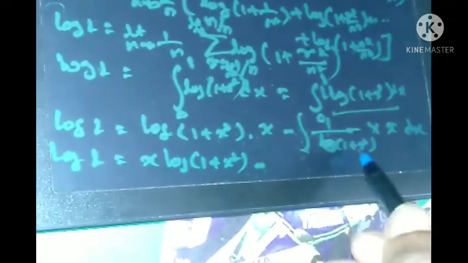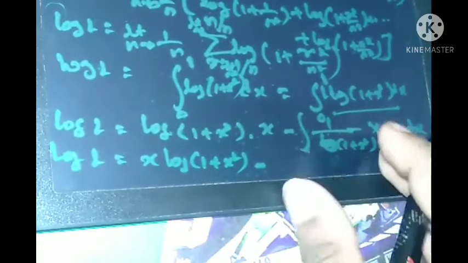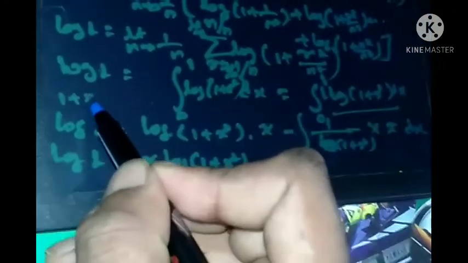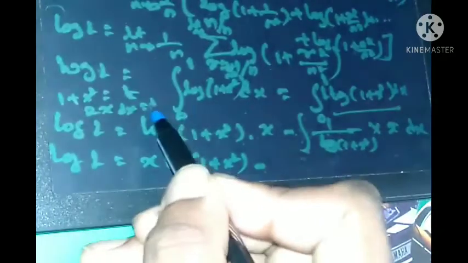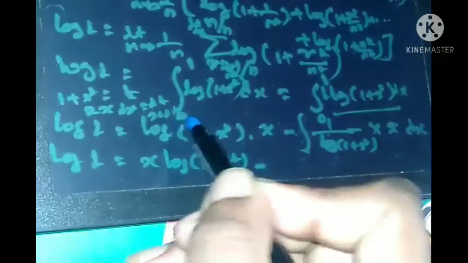Here we take the substitution: in place of 1 plus x square we take t, we get 2x dx is equal to dt, and x dx is equal to dt by 2.